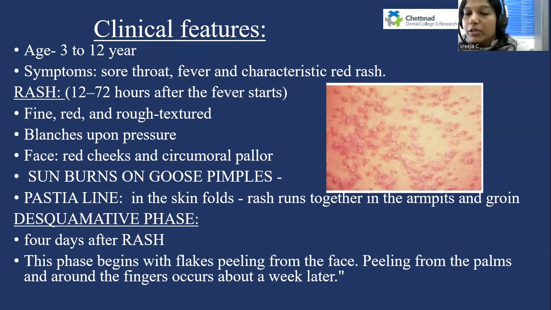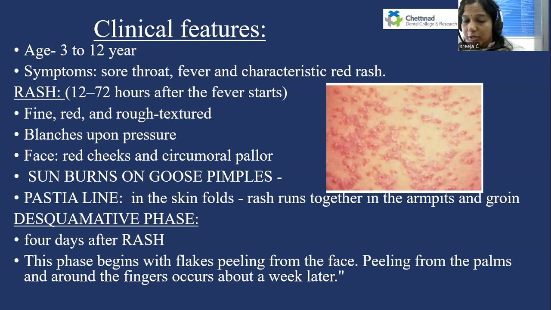And one important feature: in the previous picture you saw the child was having erythema on the cheek, right? If you apply a glass slide on the erythematous area, on the red area, it blanches upon pressure. Also the lesions are more commonly present on the cheek, and they're not present on the circumoral region, that is around the mouth.